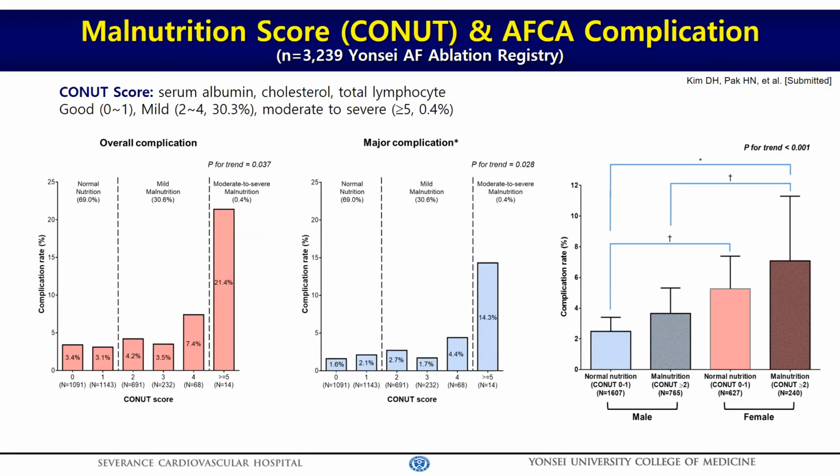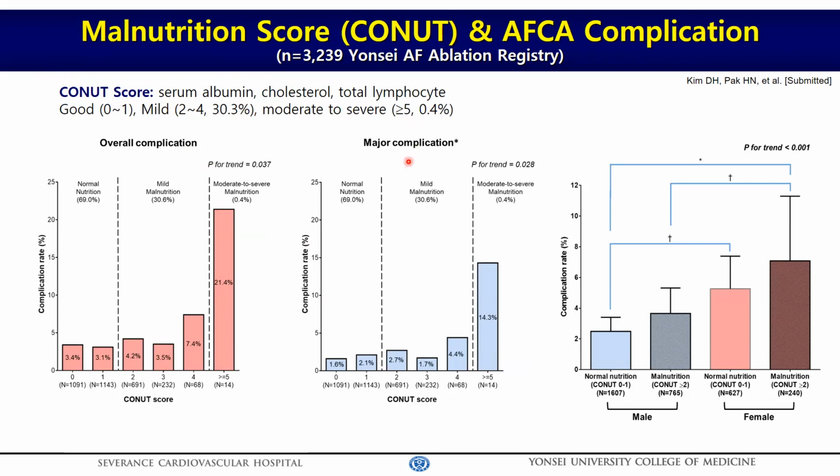Moreover, Kim Daeun evaluated the malnutrition score, and this study is also under review. The CONUT score, which includes albumin, cholesterol, and lymphocyte count, reflects the degree of malnutrition. It is quite different from BMI measurement. Among over 3,000 patients who underwent AF ablation, 0.4% of patients had moderate to severe malnutrition in this population.